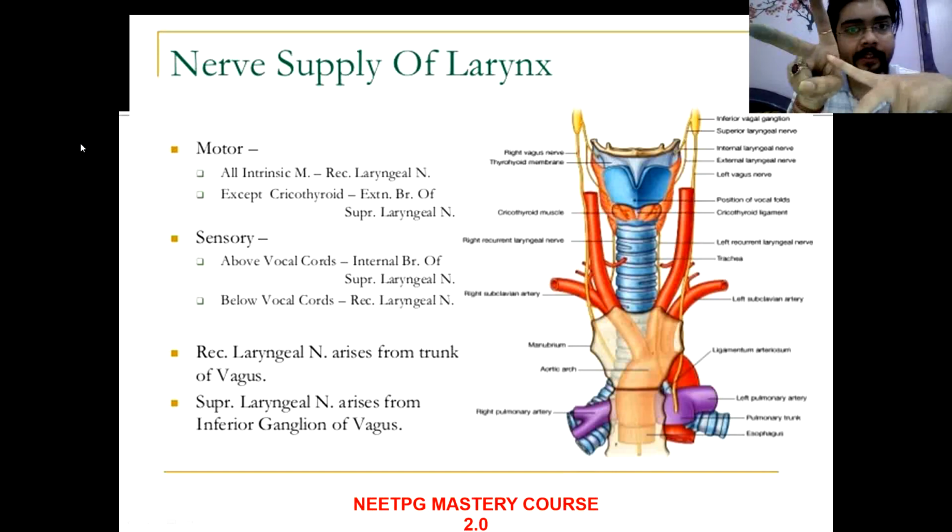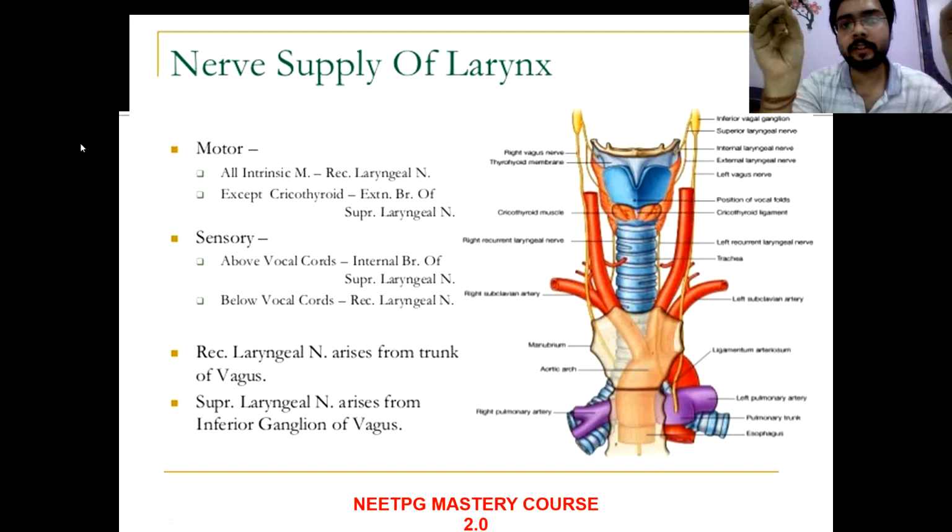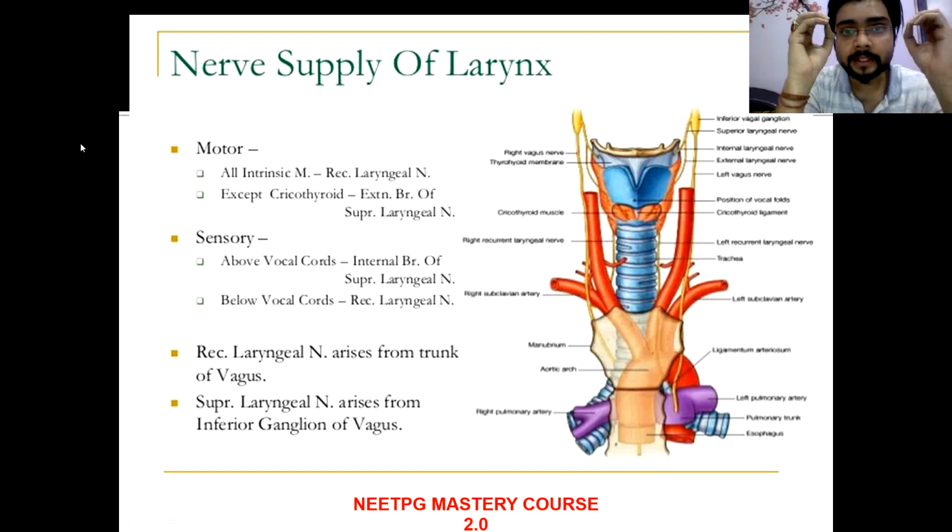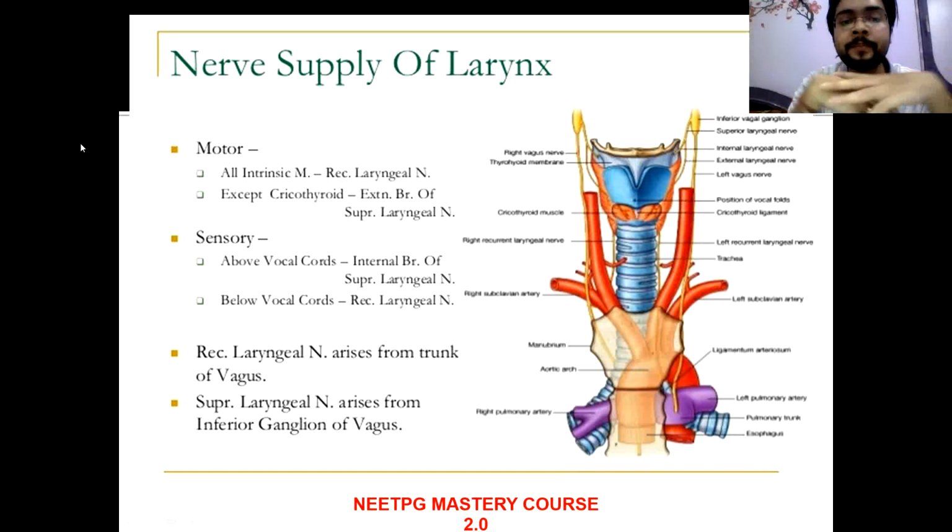So the sensory supply is above the vocal cords by the internal branch of the superior laryngeal nerve and below the vocal cords by the recurrent laryngeal nerve. The motor supply, everything is by the recurrent laryngeal nerve, except the cricothyroid, which is supplied by the external branch of the superior laryngeal nerve. And what is the function of the cricothyroid?